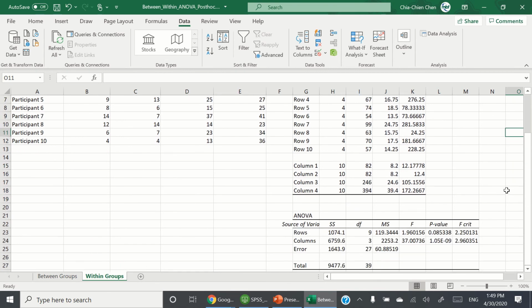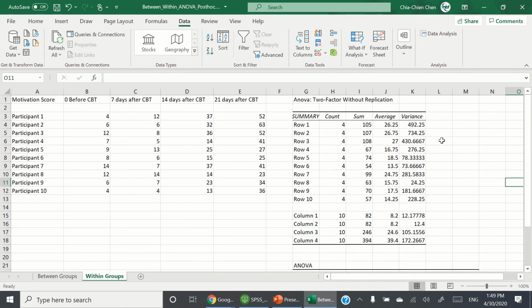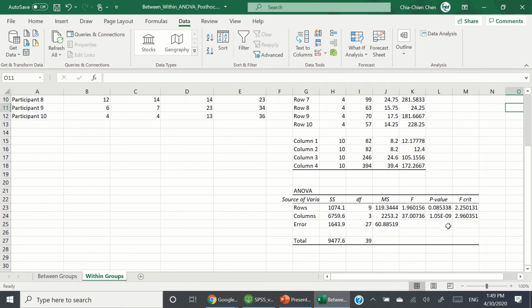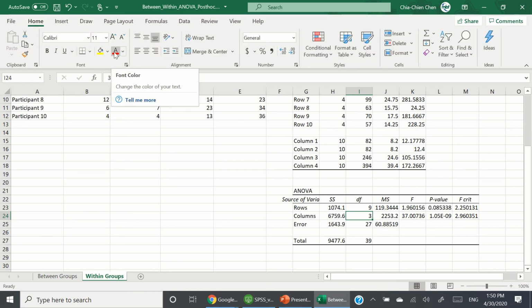Now, the thing on top here is essentially not that important. What is important down here is these numbers. This is the number you need to look for, the degrees of freedom for the column. That's the first thing you want to look for. I'm going to highlight this.